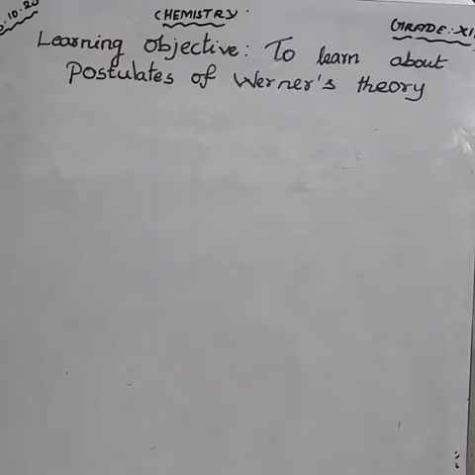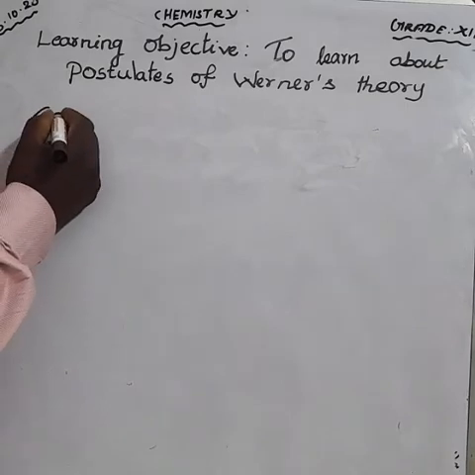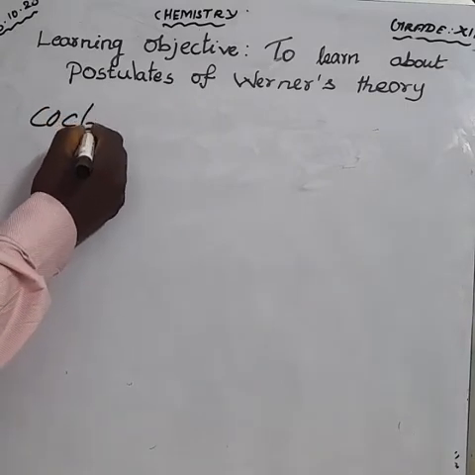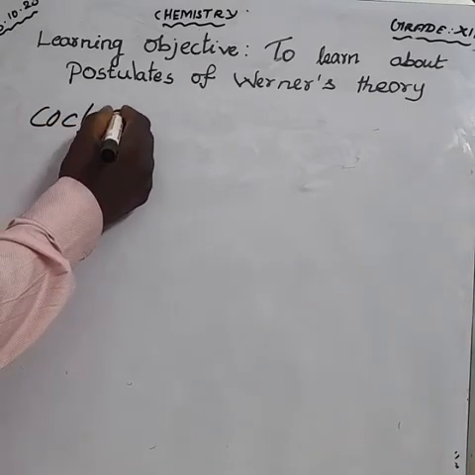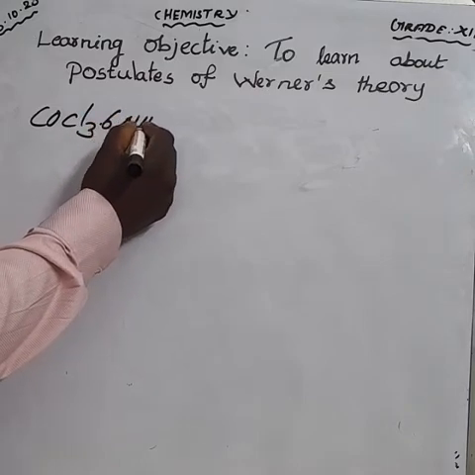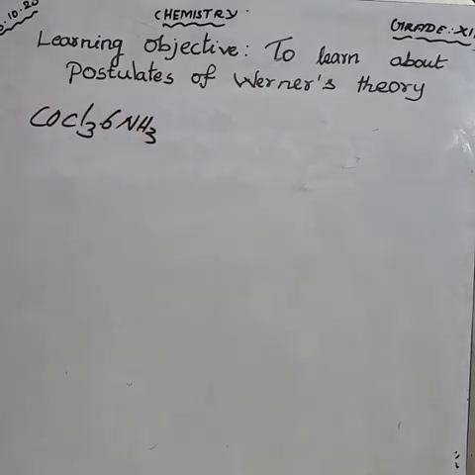As per Werner's theory, the complex can be explained. That is CoCl3, 6NH3, ammonia molecules. Clear? How can we explain?